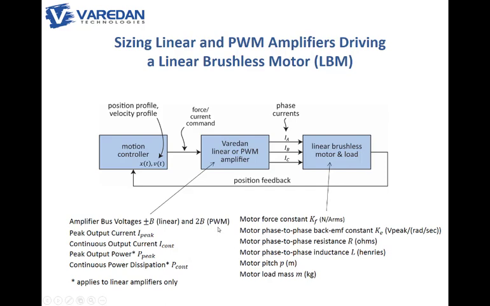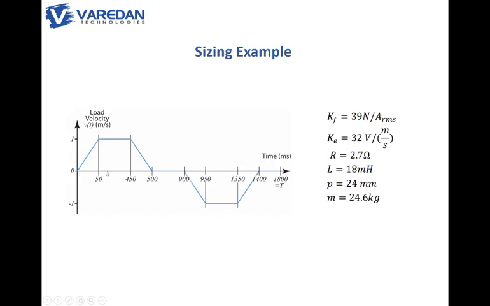In the case of PWM amplifiers, the peak and continuous power dissipation in the drive transistors can be calculated from the peak output current and the continuous output current alone, so that we need fewer parameters in the sizing process. So let's do an example.